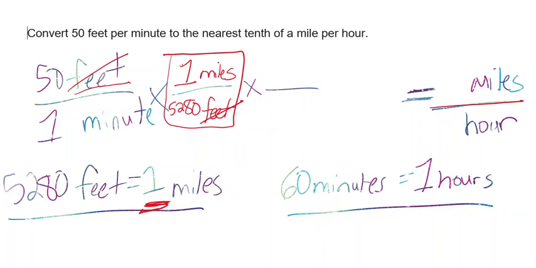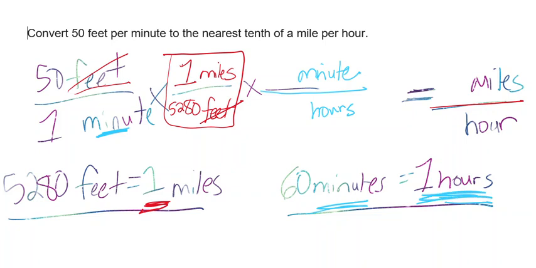All right, so then let's look at minutes. Minutes starts off on the bottom. So to cancel minutes, which starts off on the bottom, I have to have minutes on the top. If I put minutes on the top, then I'm going to put hours on the bottom.